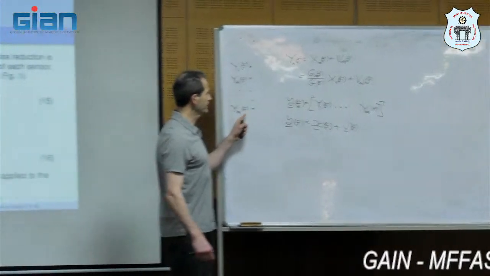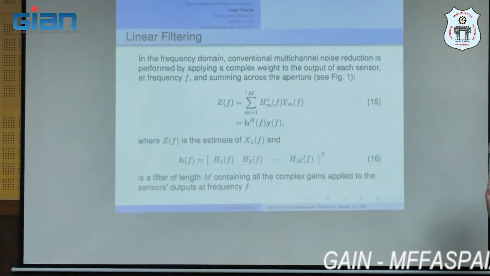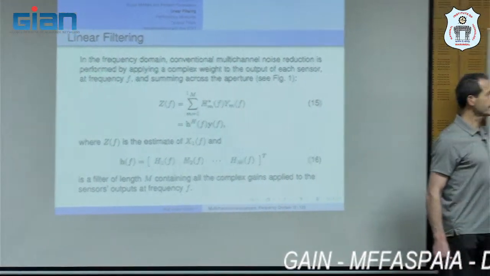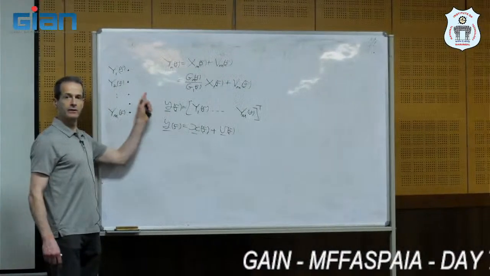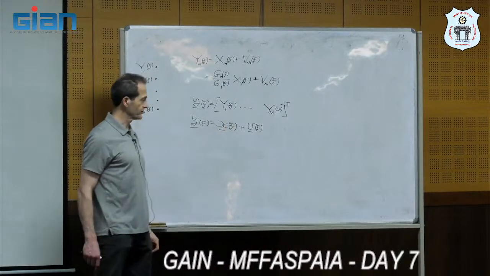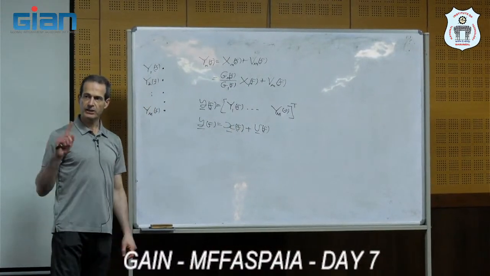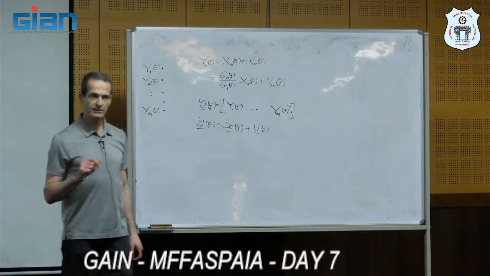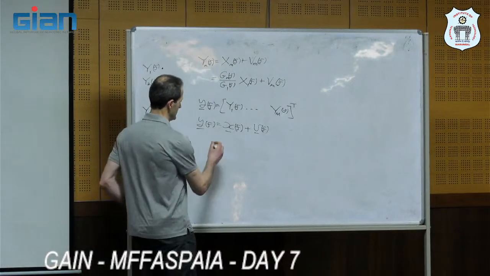So when we have this model, the vector of measurements, M measurements, the number of sensors, for each frequency f, equals the desired signal in the vector of sensors plus noise in the vector of sensors.